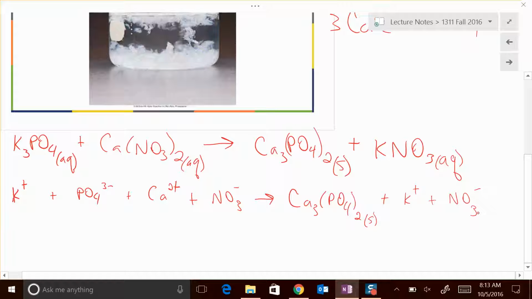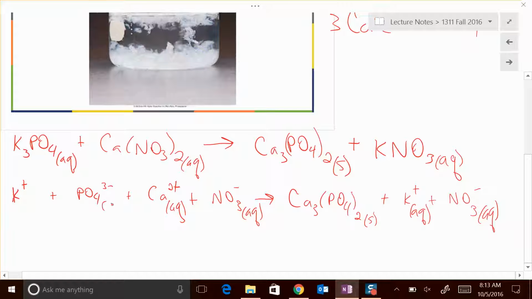Now, this was the only solid thing, that's why I kept it together. So, if it's a solid, you're going to keep it together, okay, even in the ionic equation. Everything else is aqueous. This is aqueous. This is aqueous. This is aqueous. This is aqueous.